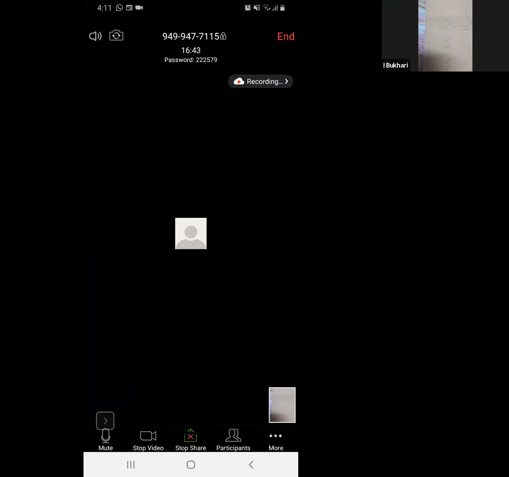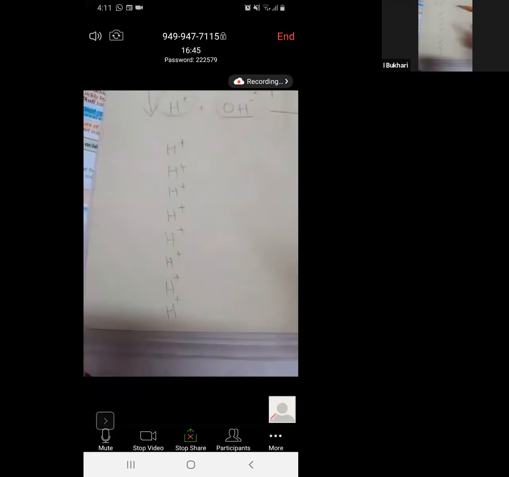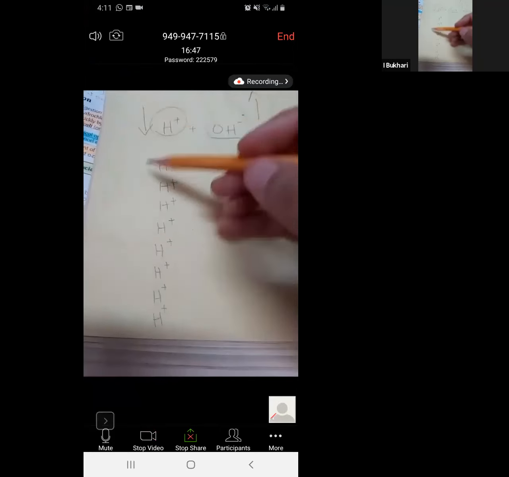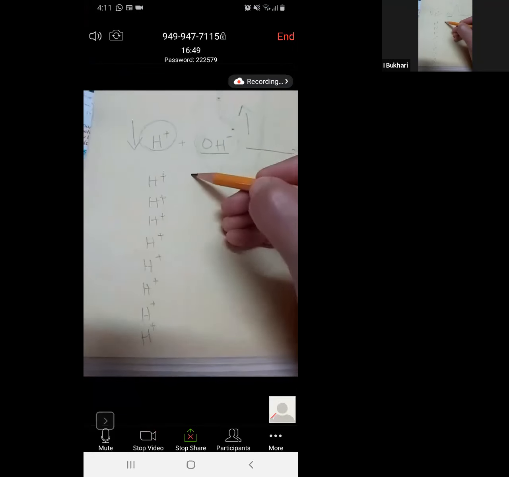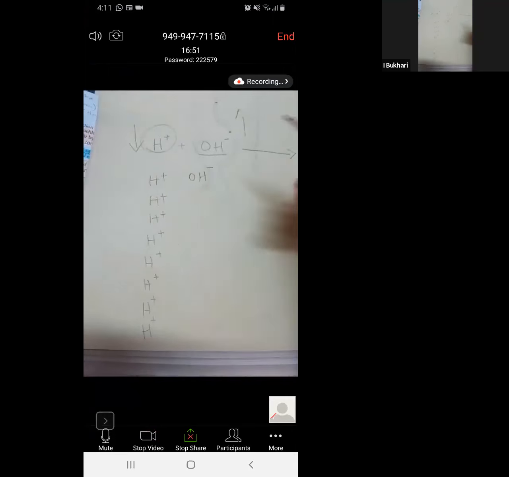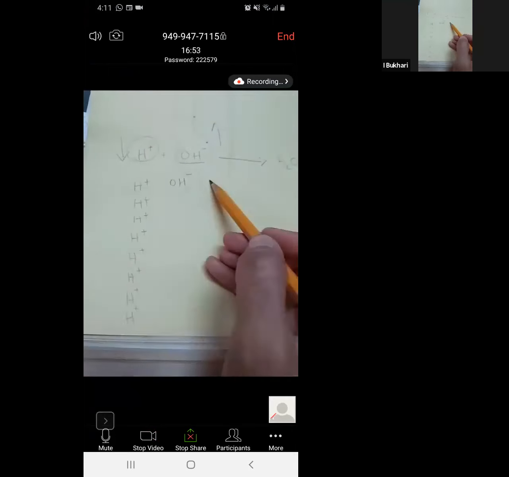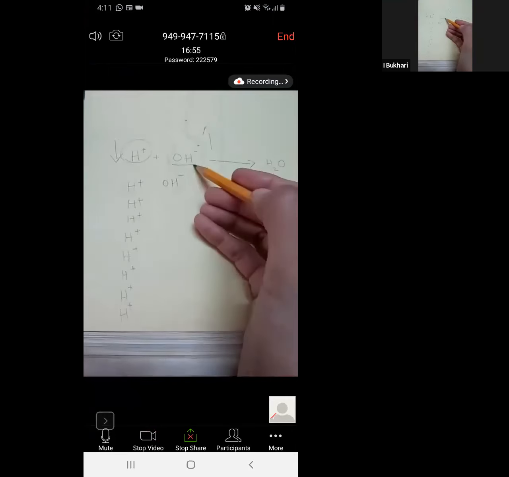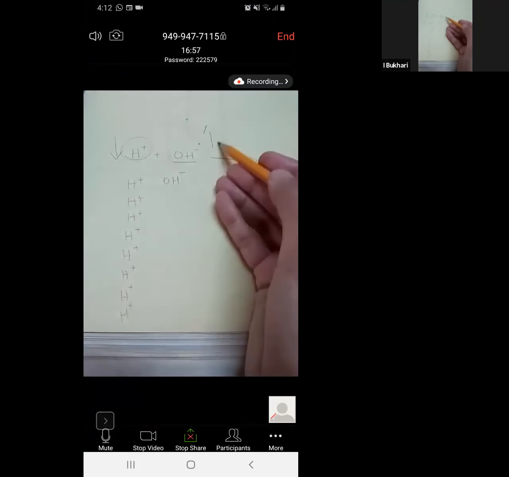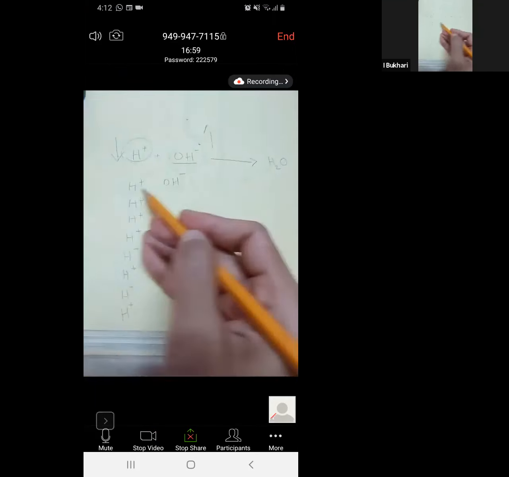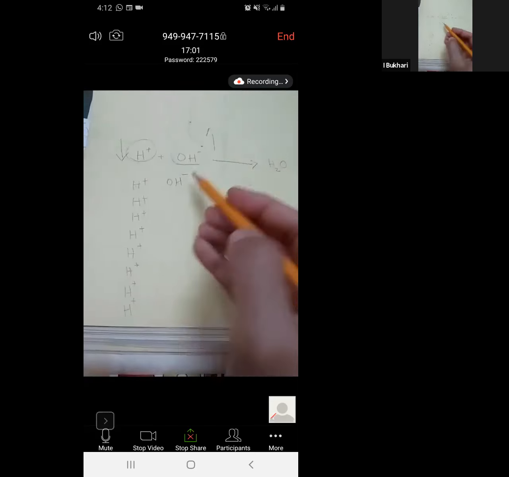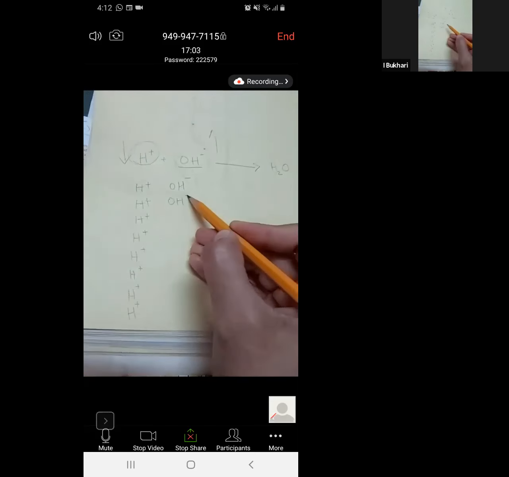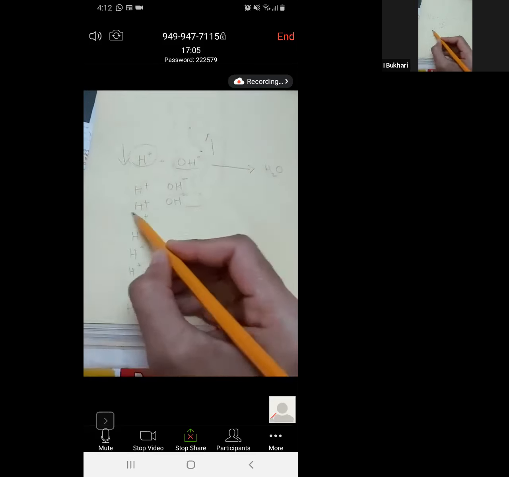For example, I'm again showing my video. There are lots and lots of hydrogen ions present in the beaker. Now I am adding alkali gradually. This will react with this to form water. Now the hydroxide ion concentration is not rising because this is reacting with this. I'm further adding, so more hydroxide ions are reacting with it.